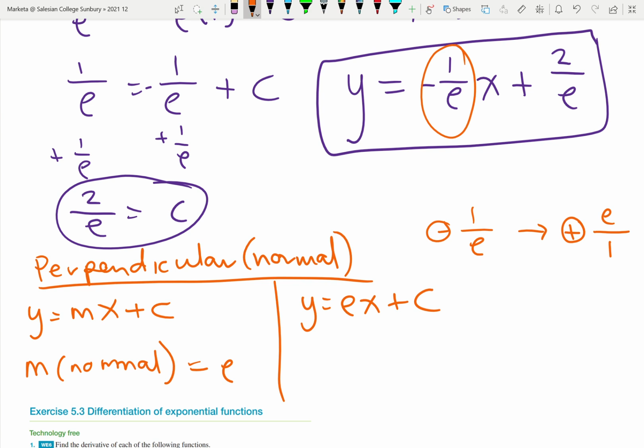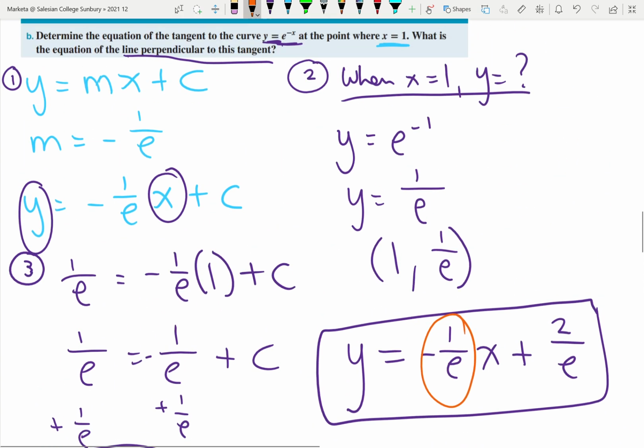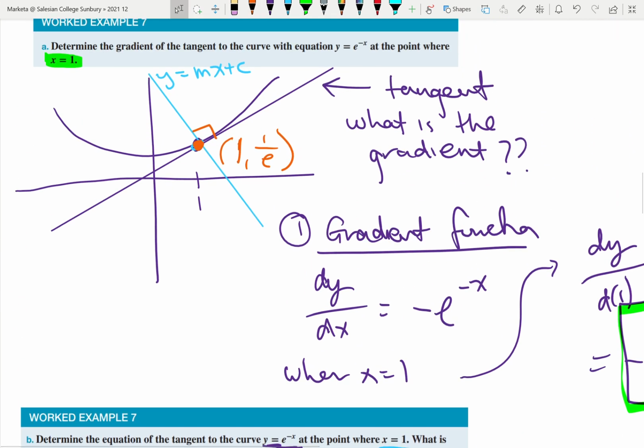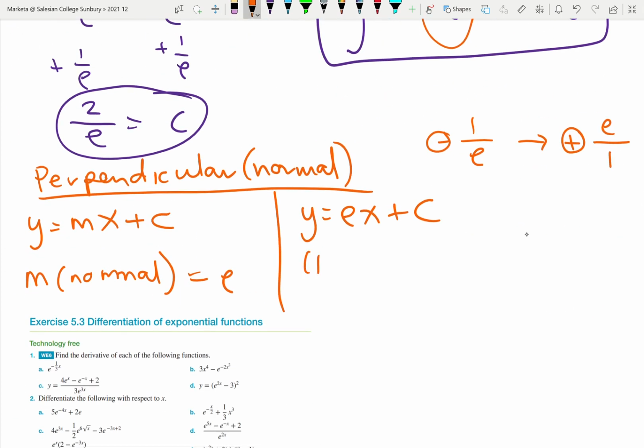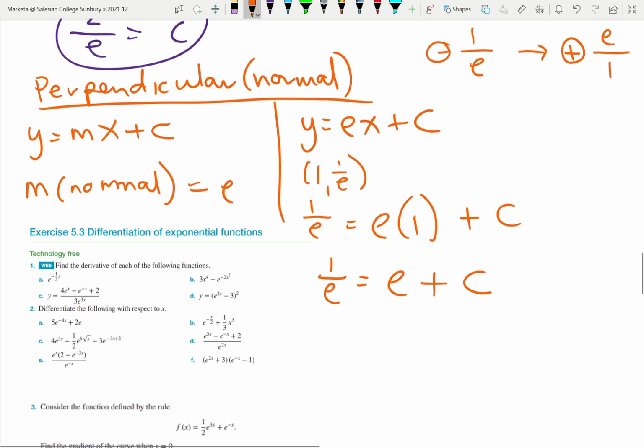We've done the gradient, and of course we just need to substitute in the point. Remember, the point is still the same. Looking back at that picture, they both pass through the point 1 and 1 over e. So 1 over e equals e plus c, and then c equals 1 over e minus e.